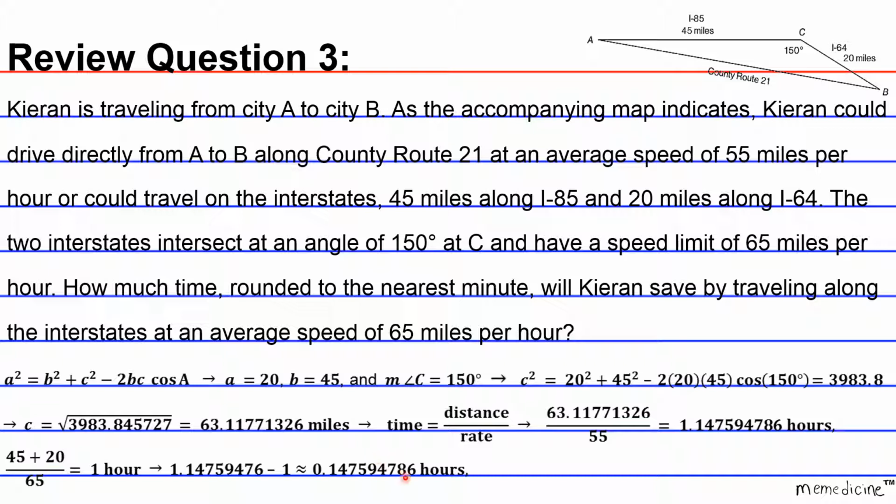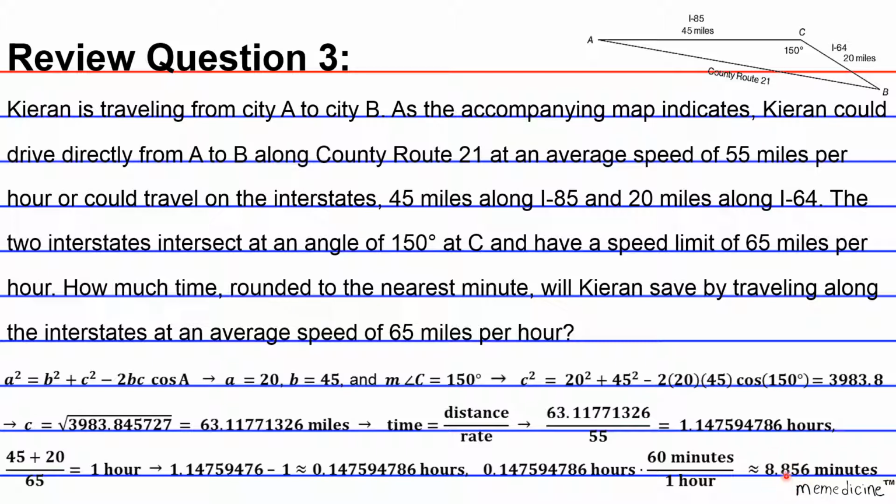And so what you're going to do next is multiply your time difference by a conversion factor to see how many minutes you're going to save. And when you multiply 0.147594786 hours times the conversion factor of 60 minutes per hour, you're basically going to get 8.856 minutes. And I condensed it a little bit.